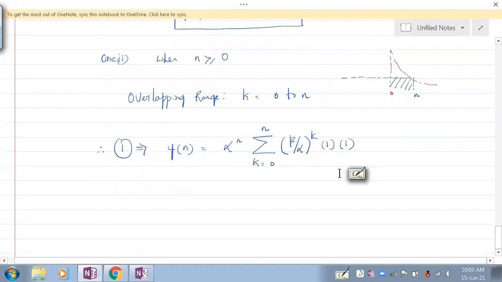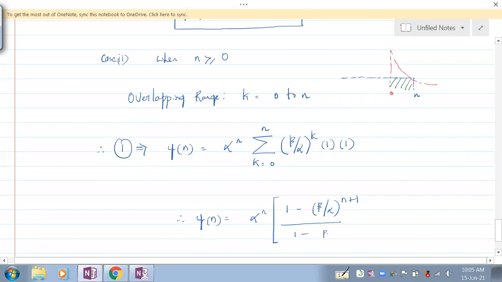Since this is going from 0 to n, y of n would look like alpha to the power n into (1 minus (beta by alpha) to the power n plus 1) divided by (1 minus beta by alpha). This is for n greater than or equal to 0.